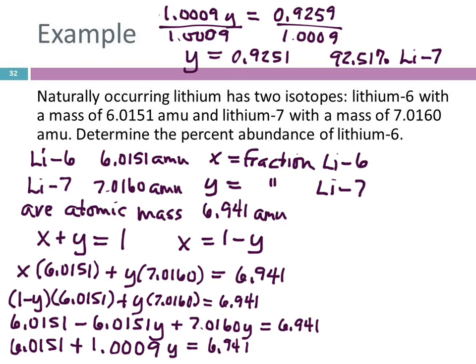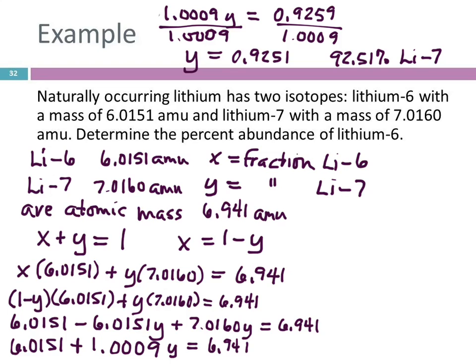Any questions about the algebra process? That's not, we didn't find the answer to the problem, did we? We found the percentage of the other one. Well, x equals 1 minus y. We found what y is.